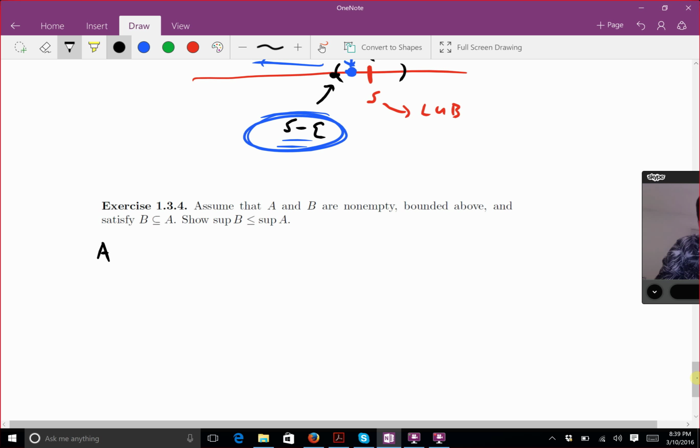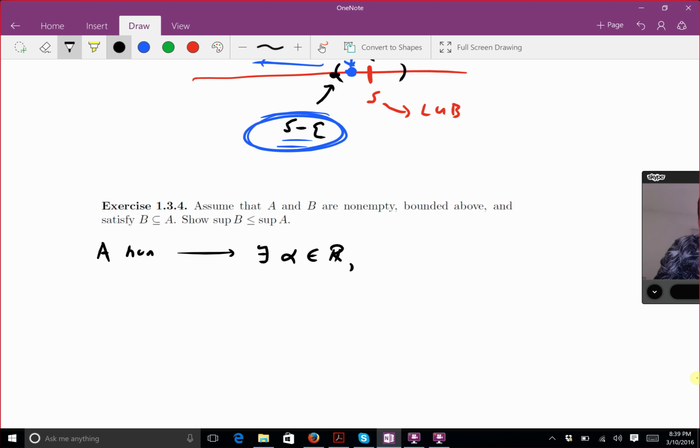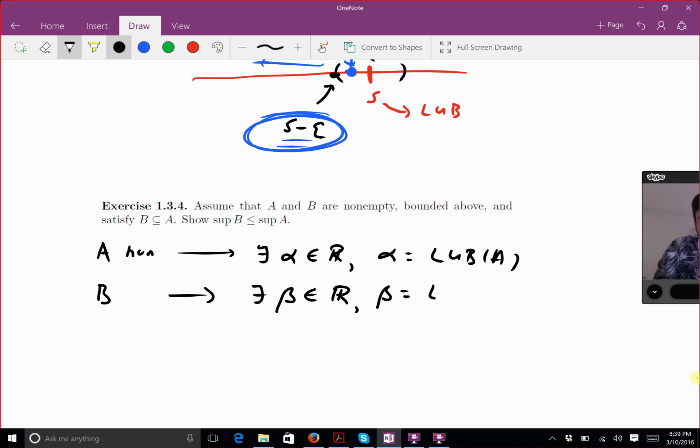Yes. So A is a non-empty subset of the reals, bounded above, and so on. So there exists an alpha in the reals such that alpha is the least upper bound of A. And the same is true for B, the least upper bound of B, beta.